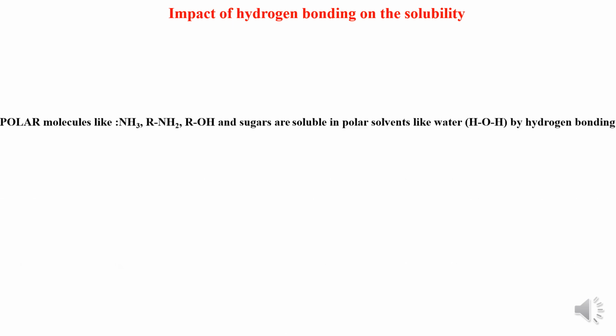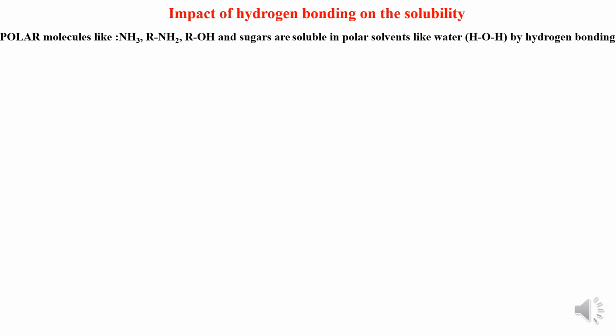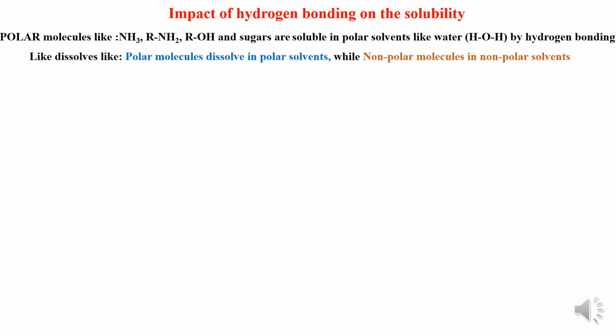And moving on to the impact of hydrogen bonding on solubility. Now polar molecules like ammonia, amines, alcohol and sugars are soluble in polar solvents like water by means of hydrogen bonding. So we are all familiar with the rule of thumb, that is like dissolves like.